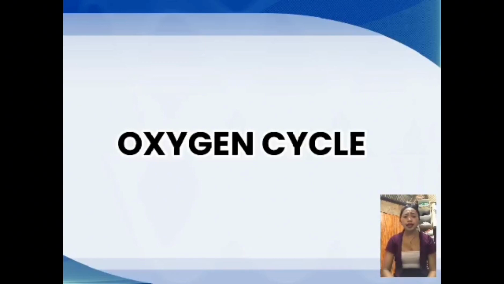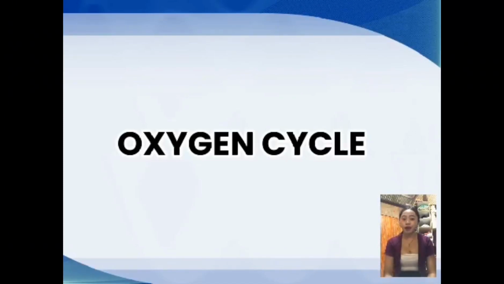It plays an essential role in most life forms on Earth and serves as an essential element in biomolecules like proteins and nucleic acids. Oxygen cycles through the atmosphere, the lithosphere, and the biosphere.